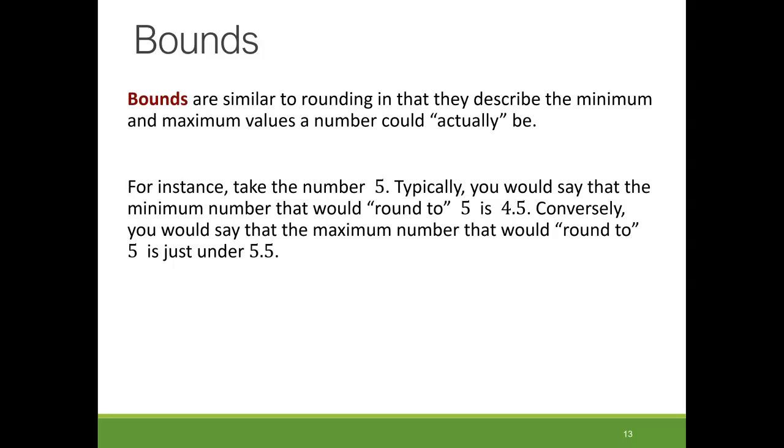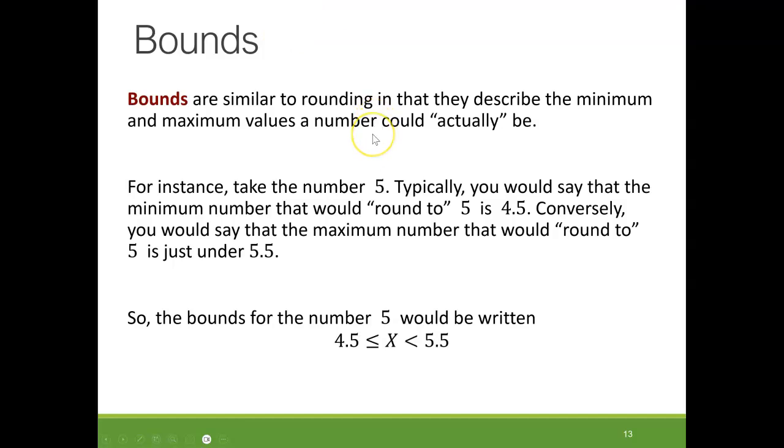So like 5.499999 repeated, right? So the way we would write that would be with an inequality. We'd say that the measurement that we rounded to 5 was somewhere between 4.5 and 5.5, equal to 4.5 but not equal to 5.5, right?